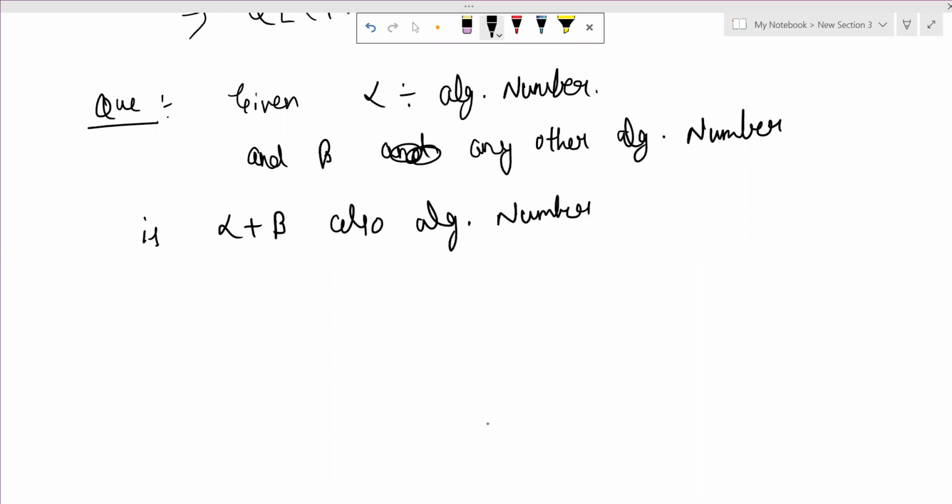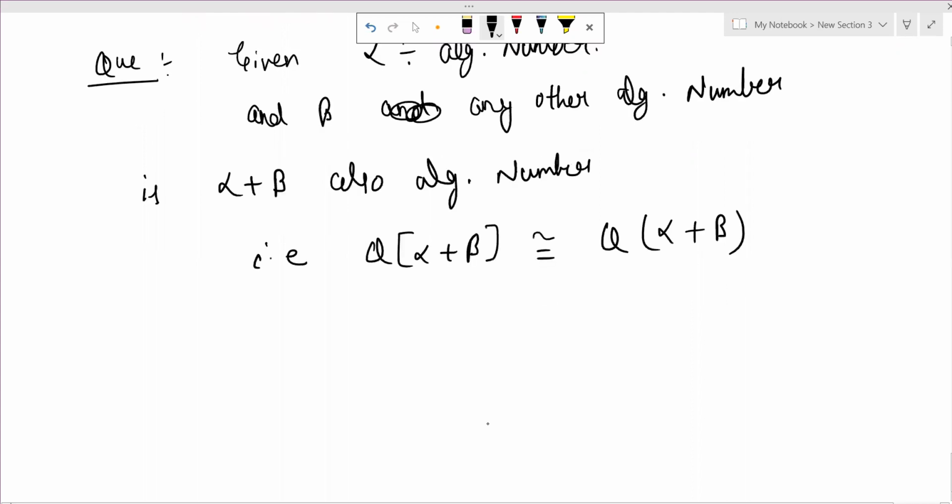More precisely, I want to ask whether Q(alpha plus beta) is algebraic. He just asked you in the case of beta equals 1. I am asking you the general version of that question.